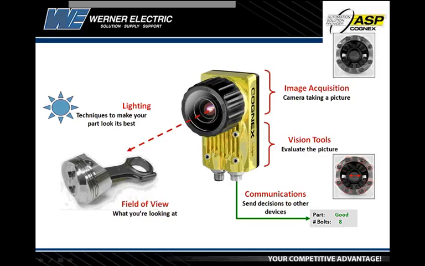Because so often customers are used to inspection using the human eye, and the computer software that we use to program these is really not nearly as intelligent as a person. So we have to really break the problem down into some very simple terms.